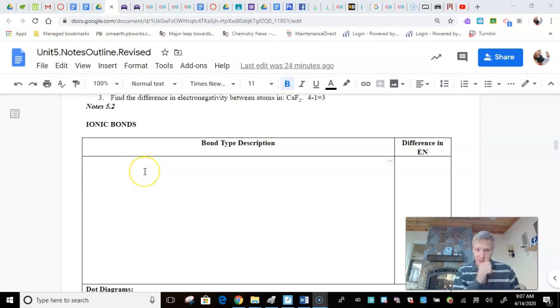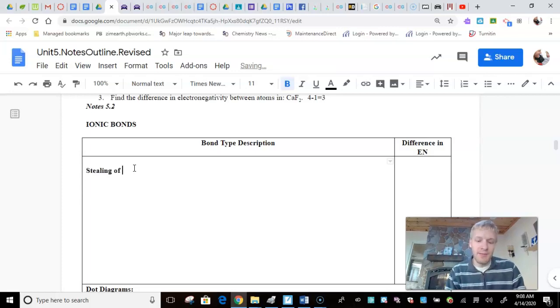Alright, so this first one, ionic bonds, are essentially the stealing of electrons. And I say stealing because that's personification, so it's technically the transfer of electrons from one atom to another that creates two charges.